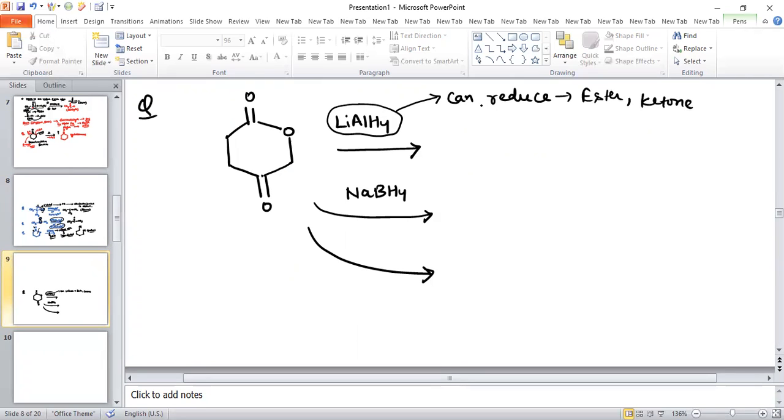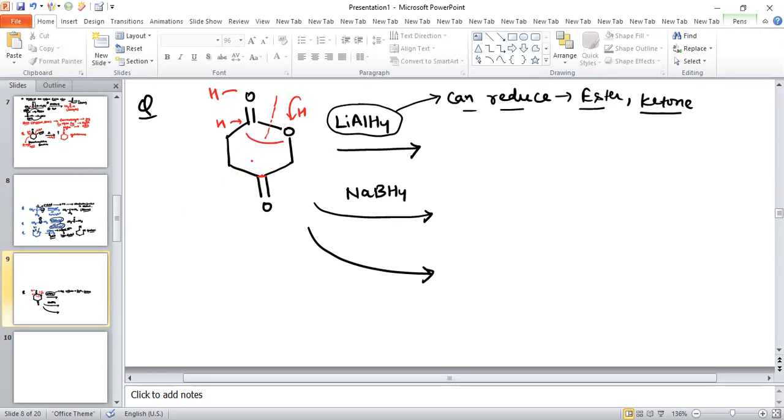So LiAlH4 can reduce the ester group as well as the ketonic group. Reduction means addition of hydrogen. Hydrogen is added to this oxygen, one hydrogen to this carbon, and this bond is cleaved, because this is an ester group and this is a ketonic group.